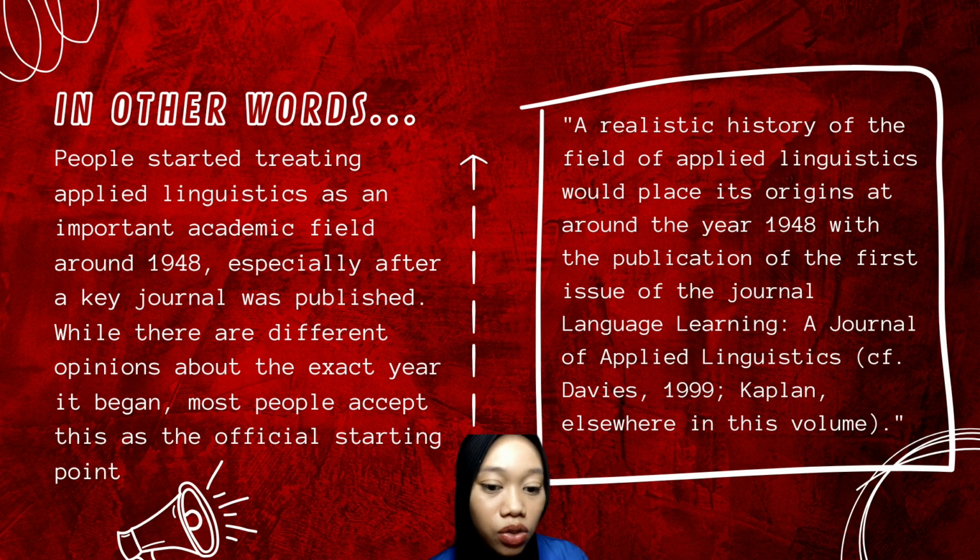A realistic history of the field of applied linguistics would place its origins at around the year 1948, with the publication of the first issue of the journal Language Learning, as cited by Davis, 1998, and by Kaplan, elsewhere in this volume.